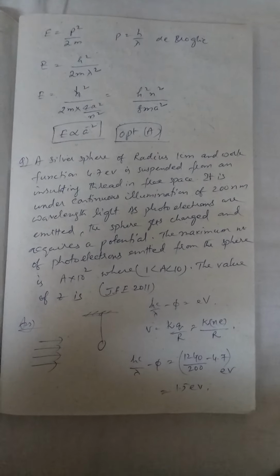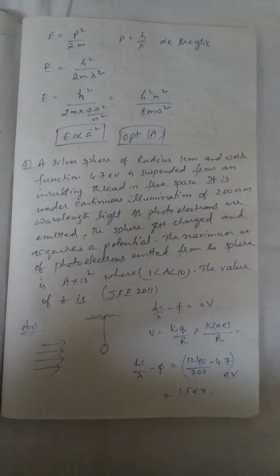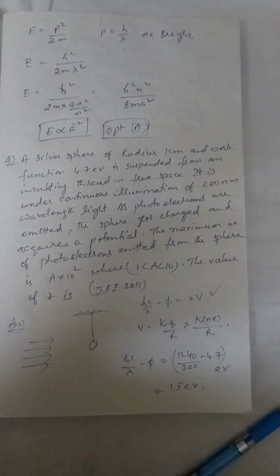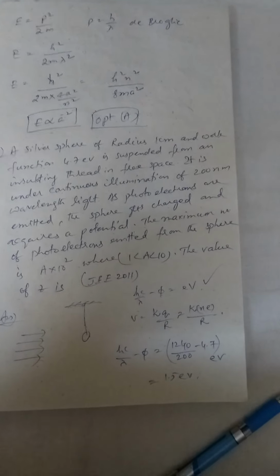This question has come in JEE 2011. So I have drawn a diagram. There is an insulated thread, okay, and there is a sphere. Its radius is 1 cm. It is subjected to light rays of 200 nanometer wavelength. So our expression is this: hc by lambda minus work function is equal to eV. Alright.